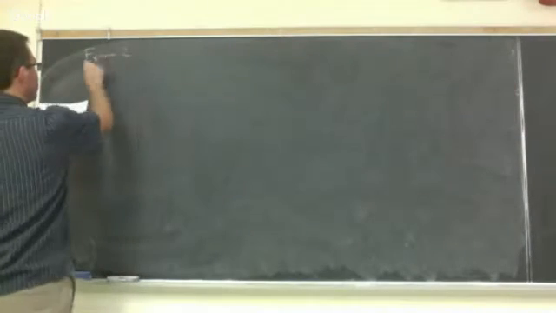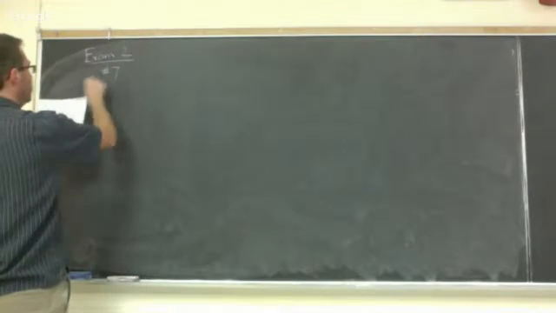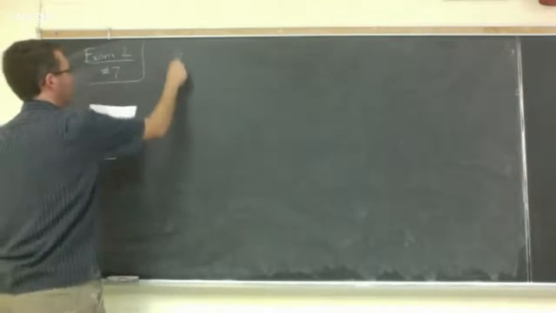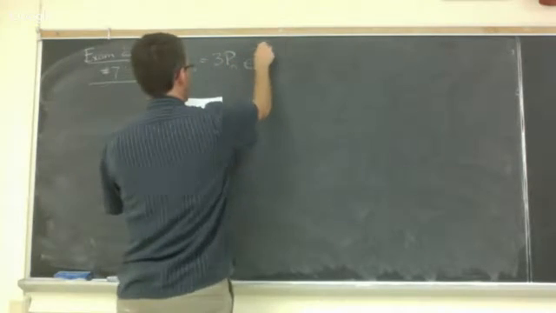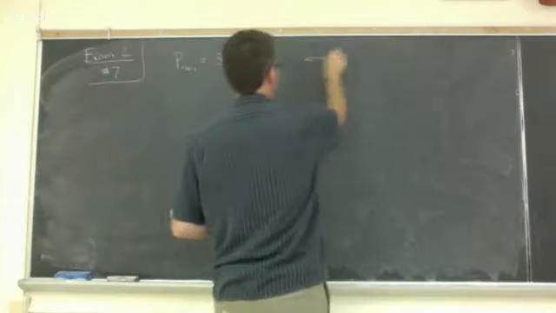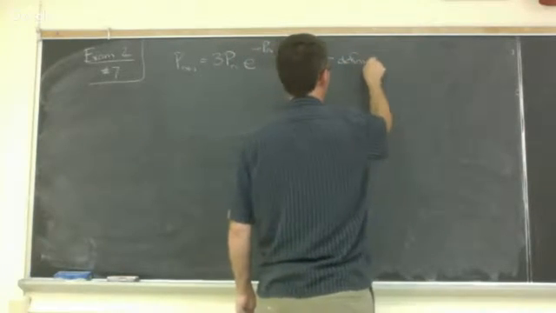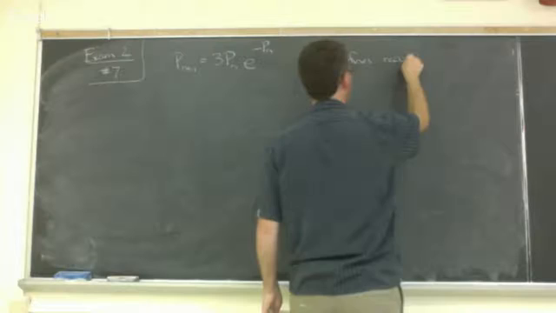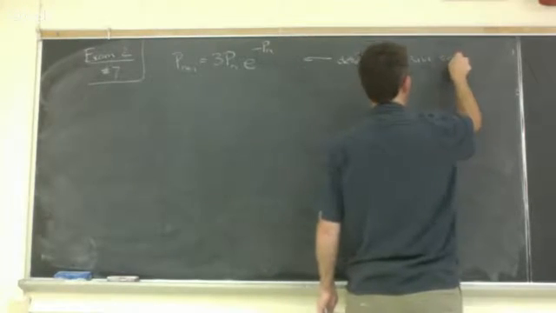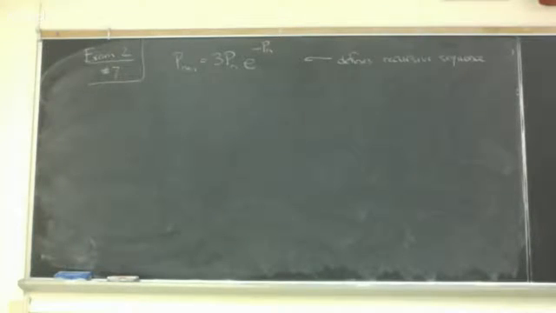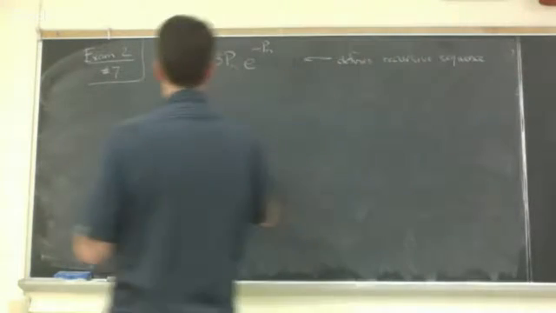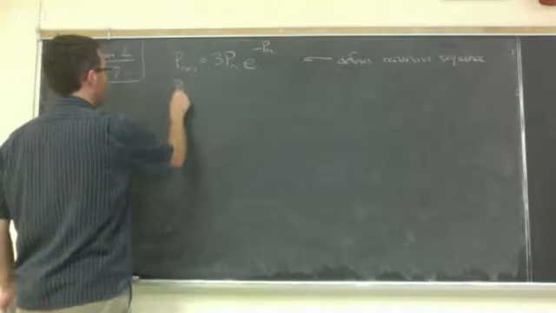So this is exam 2, problem 7. So I have a way of defining a sequence recursively, and part B says this sequence is converging. What is the limiting value? So Pn is converging.